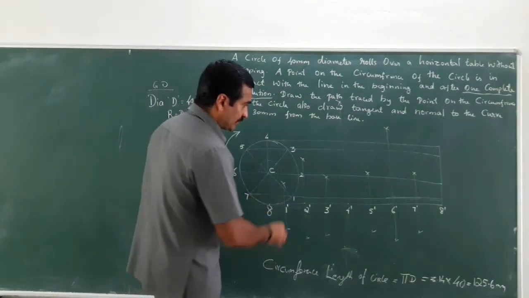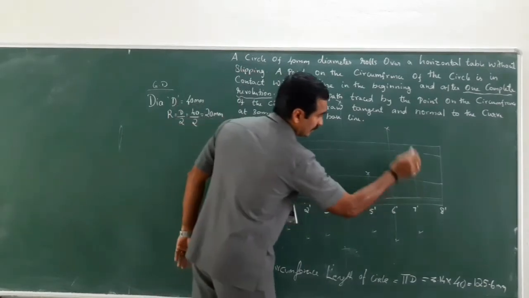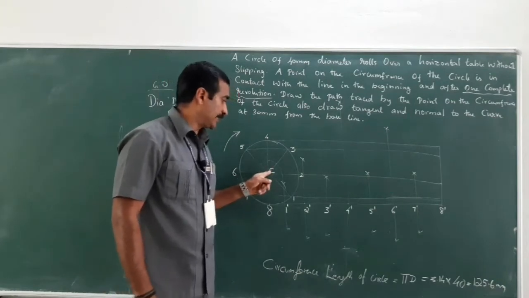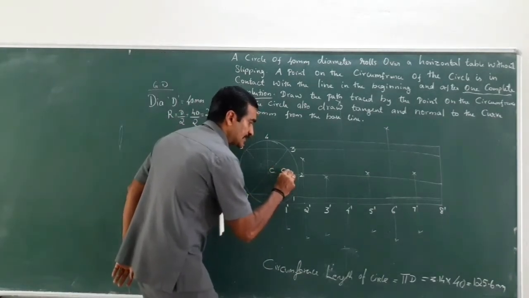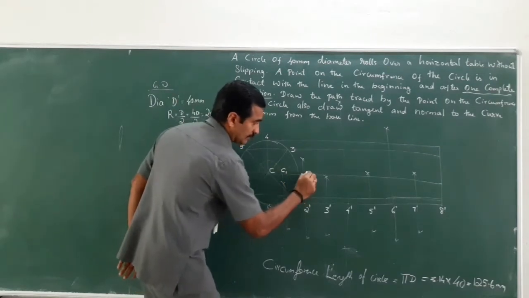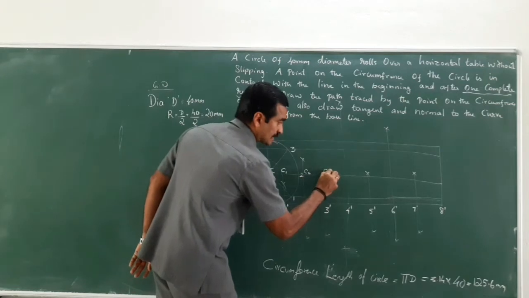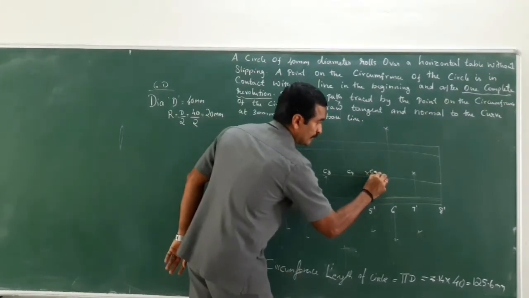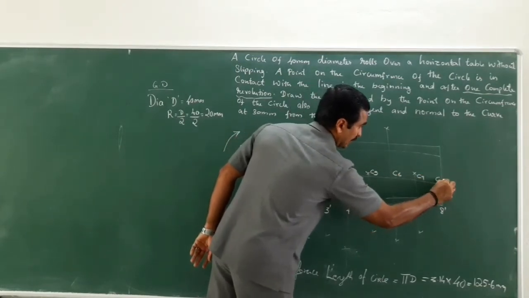Now extend this line till it intersects the center line. Since I consider the center as C, the first intersecting point could be C1 and the next intersecting point on the center line as C2, next as C3, this as C4, C5, C6, C7 and C8.